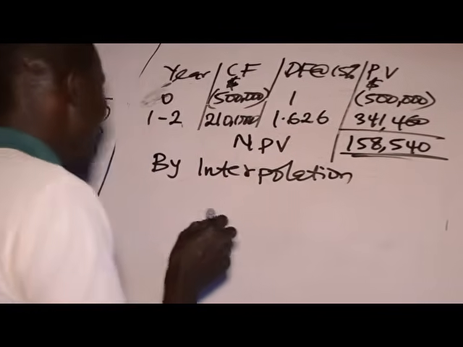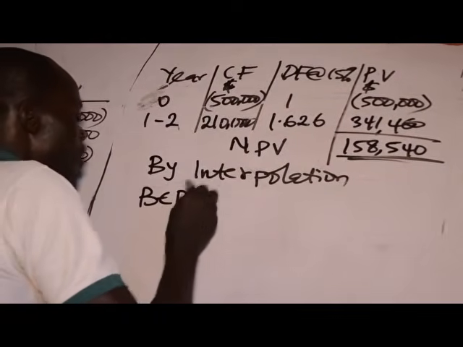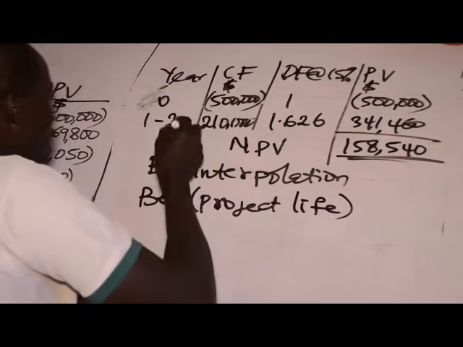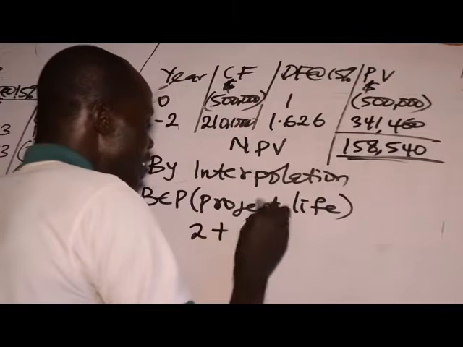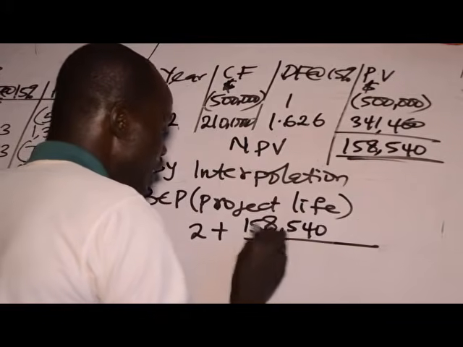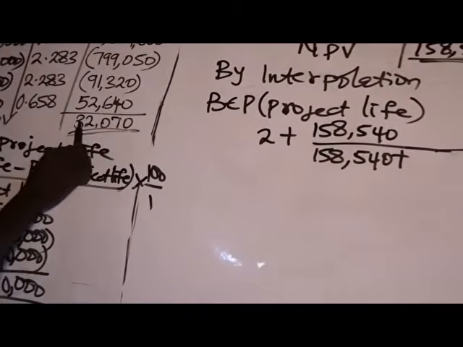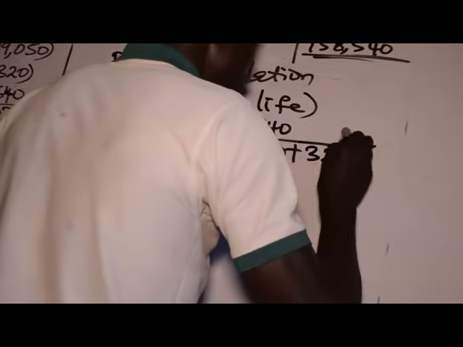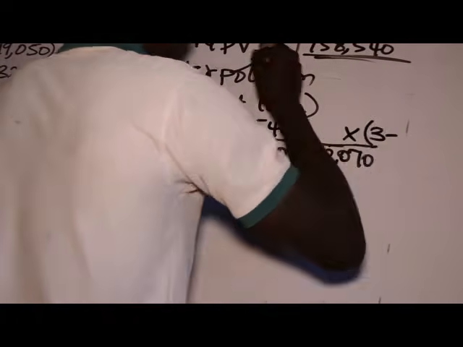Just using the IRR formula, the break-even point of project life: we have 2 years plus 158,540 over 158,540 plus our initial NPV as calculated, which is 32,070, times 3 years, the project life, minus 2 years.